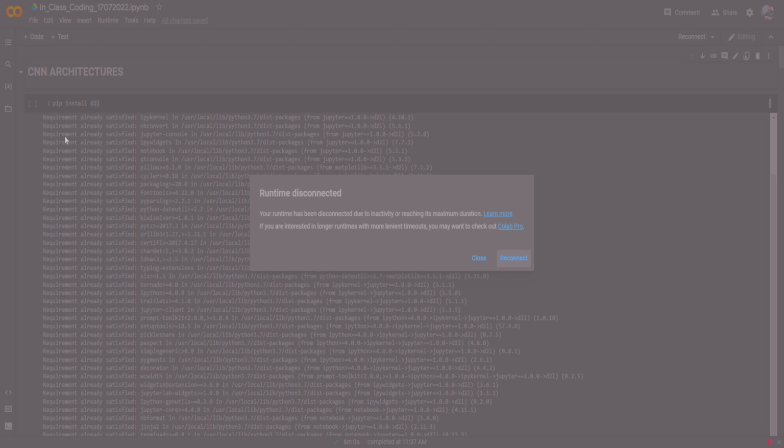I'll run the code in Colab today, because it needs many tools to be imported, and I was facing some compatibility issues with the Python version and the tools we have.